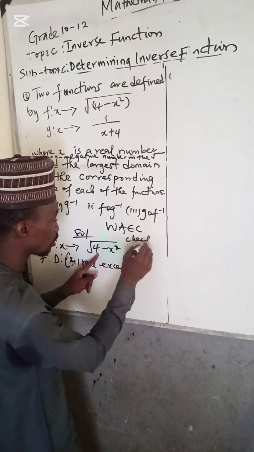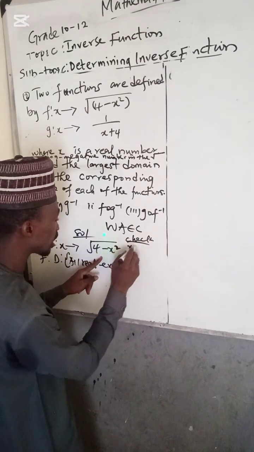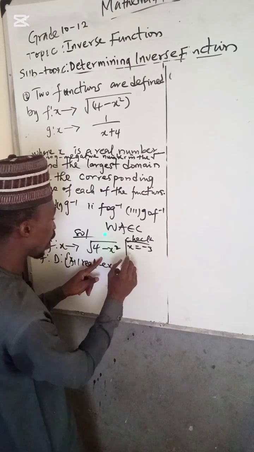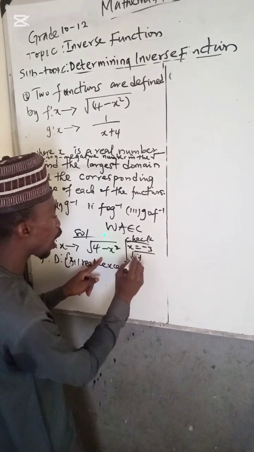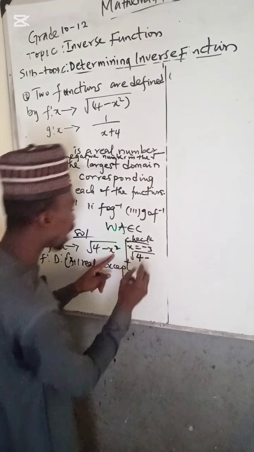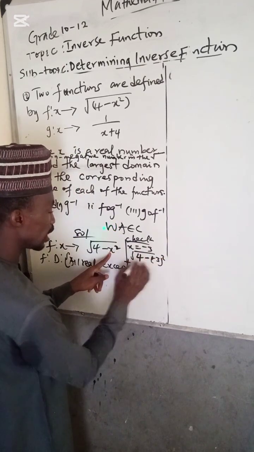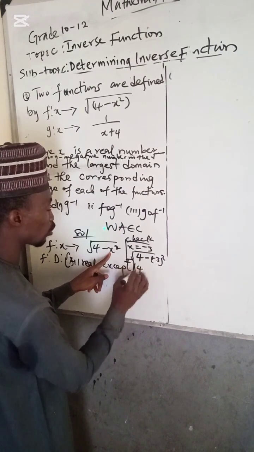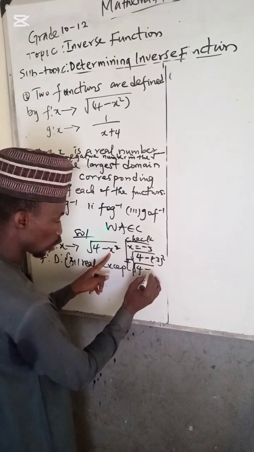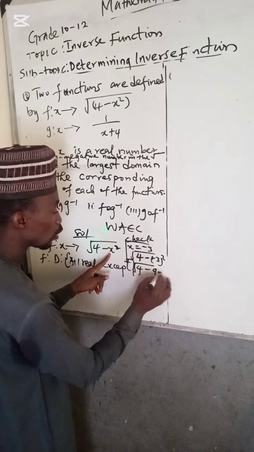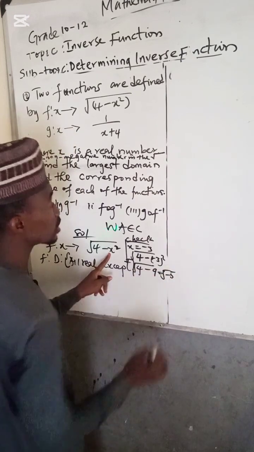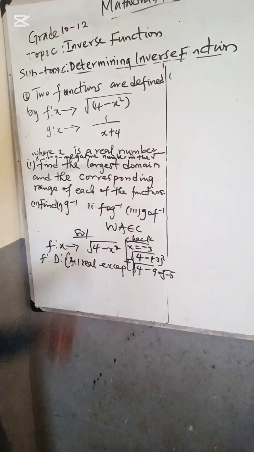Let's check this. If we put x equals minus 3, now you have square root of 4 minus, now this x here, minus 3 squared, which is 9. We have 4 minus 9, which will end up giving us minus 5. And the question says no negative number in the square root.